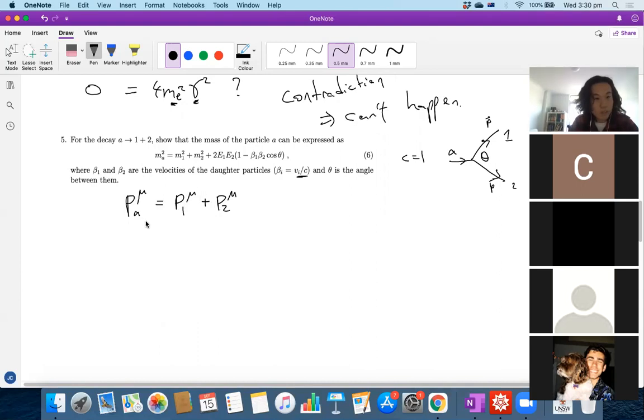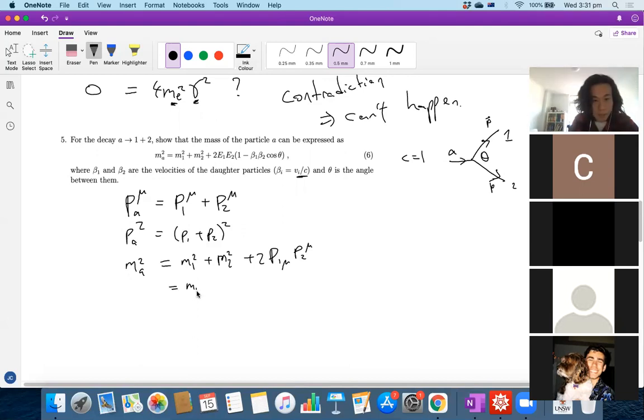You can start with the upper or lower, it's the same thing. Okay, and again, we want to square both sides. So P_A squared is equal to (P_1 plus P_2) squared. I dropped the indices, but these are still 4-vectors. The left-hand side is just M_A squared, from the four-momentum relation. On the right-hand side, we get M_1 squared from the P_1 squared term and M_2 squared from the P_2 squared term. Then we have to do an inner product by hand, P_1 μ, P_2 μ.